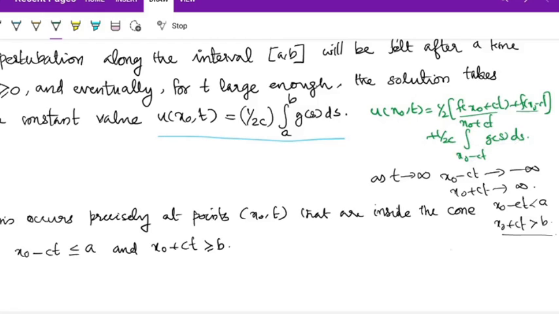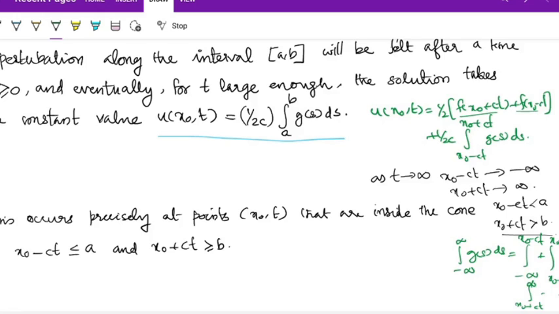So this will be the integral from minus infinity to infinity of g of s ds, which can be split as minus infinity to x naught minus ct, plus x naught minus ct to x naught plus ct, plus x naught plus ct to infinity. From minus infinity to x naught minus ct the value is 0, and the non-zero value is attained only in the interval x naught minus ct to x naught plus ct.